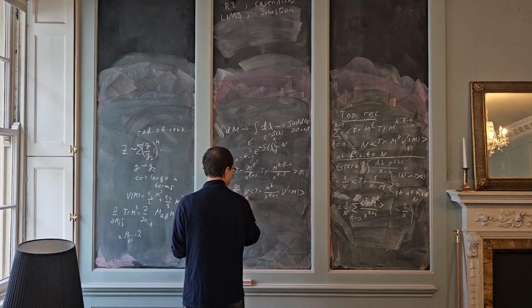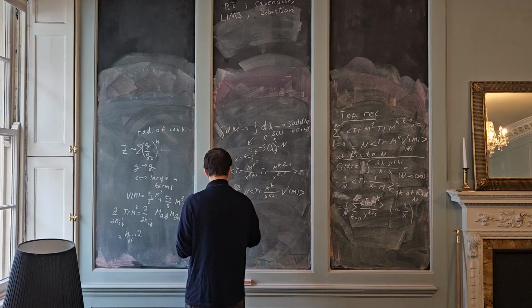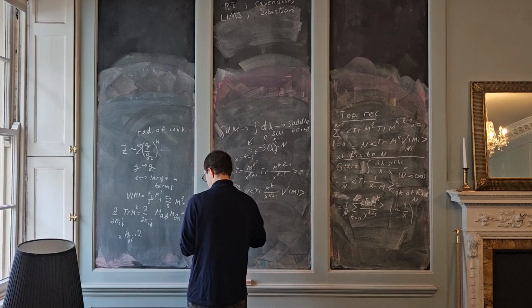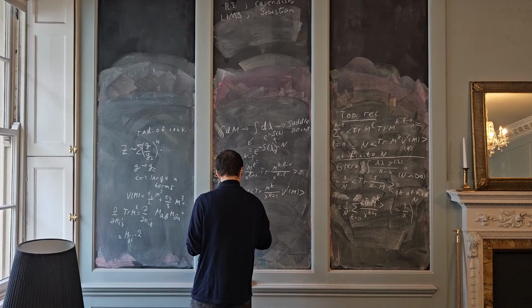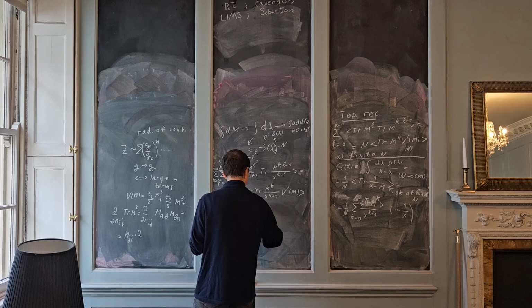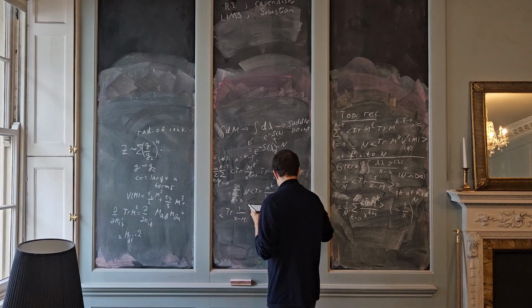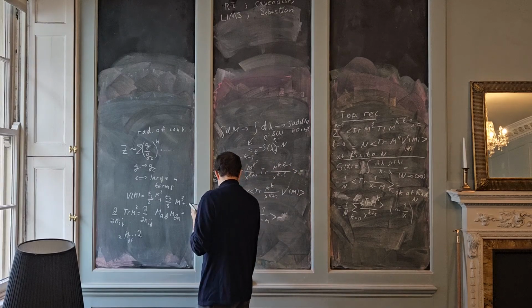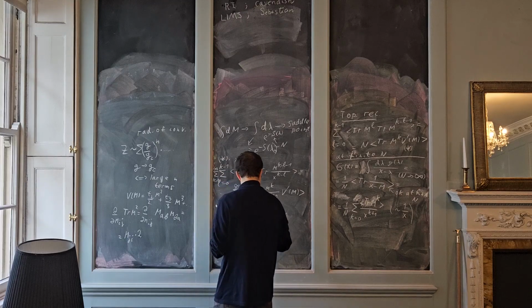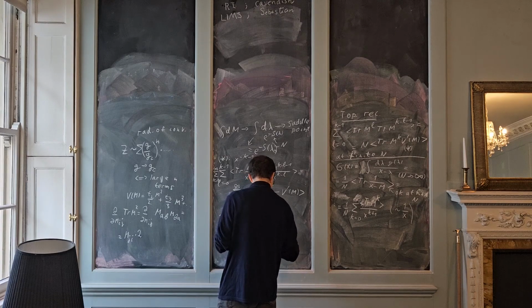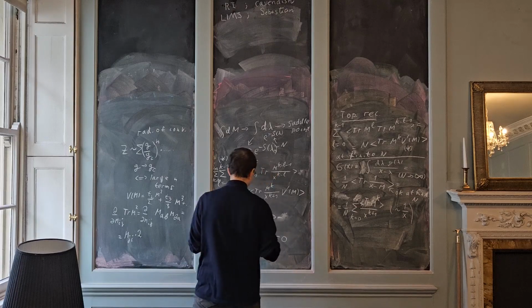Anyway, what I want to say is that I get trace 1 over x minus M, trace 1 over x minus M, minus n, trace V prime of M over x minus M, equal to 0.